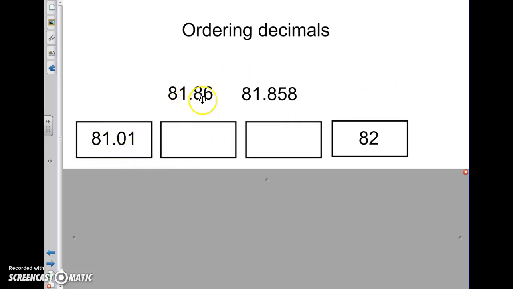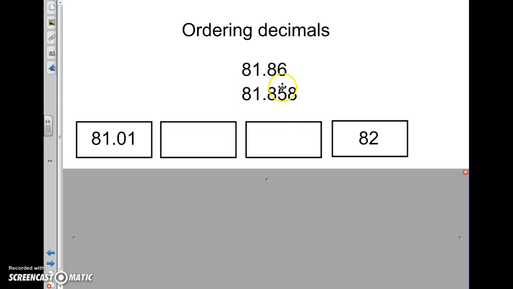And then I'm looking here at 81.86 and 81.858. Remember from last night when we were looking at this, that just because this has more digits doesn't mean that it's larger, right? So we know that the tens place is the same, the ones place is the same, the tenths place is the same.